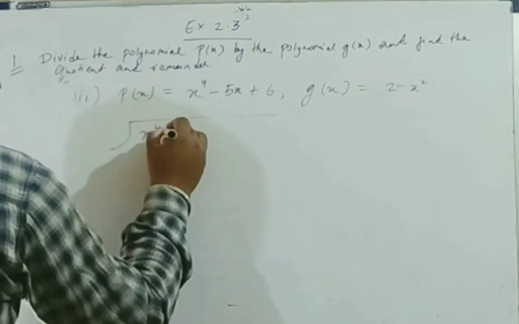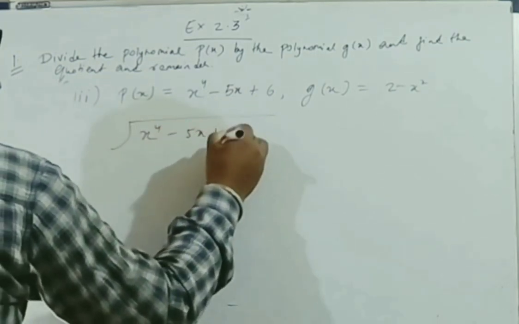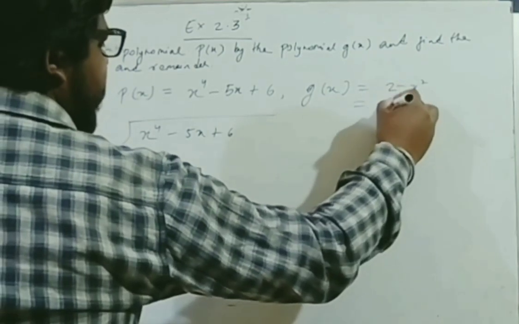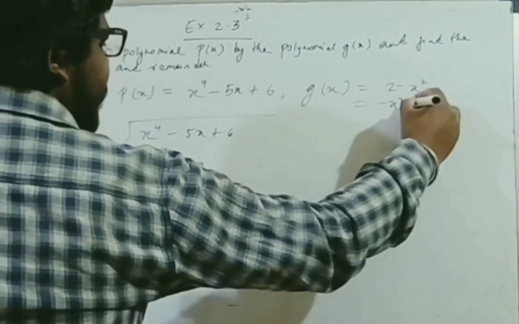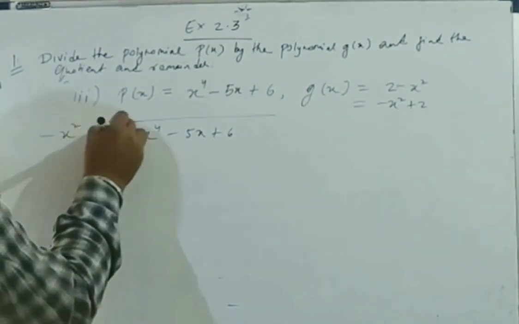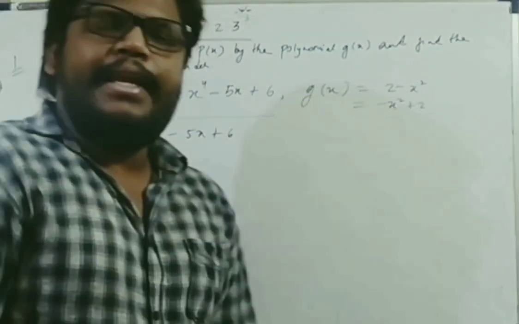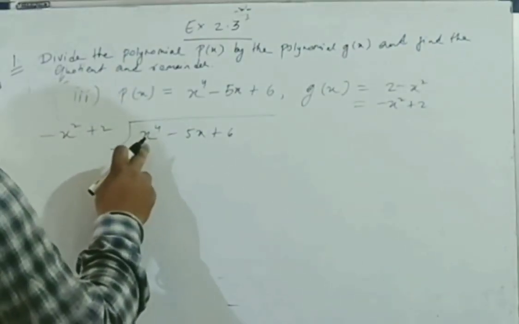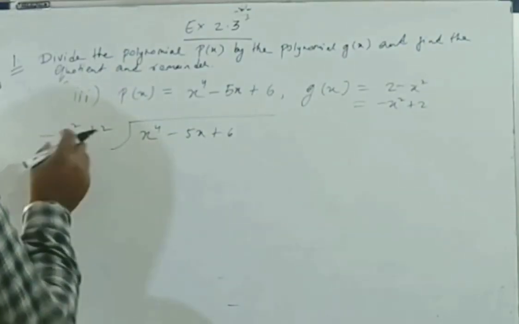So the dividend is x to the power 4 minus 5x plus 6. Okay, so first you have to write this in standard form. So x square down, minus, the sign of this, plus 2. So this is the divisor. You have to divide only after writing in standard form. Then x to the power 4 you want, and this is the given part.